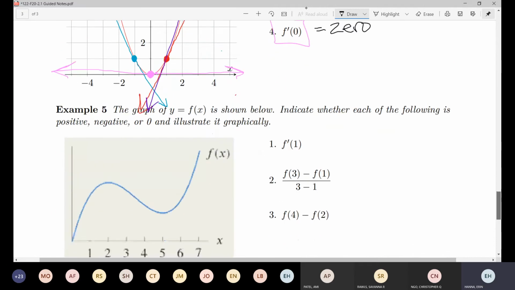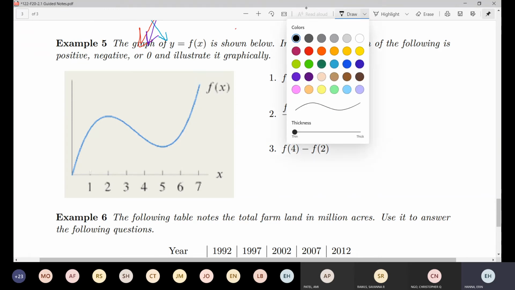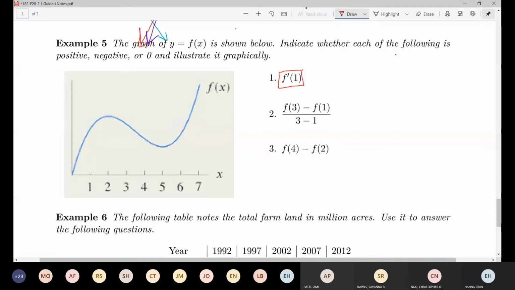So let's do the same kind of thing, but the tiniest bit different. Down here, we've got the graph of f of x, and we want to indicate whether the following are positive, negative, or approximately 0, and we're going to illustrate them. The first thing I want to talk about is f prime of 1. Again, that's going to be the slope of a line.